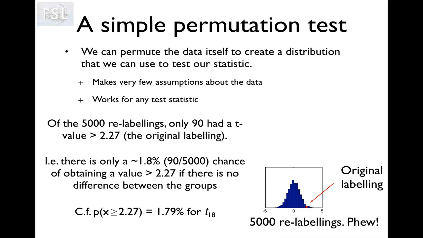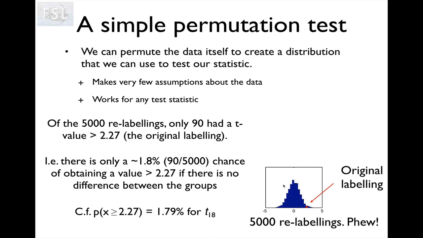Now, if the null hypothesis truly were true, such that there were no difference between these two groups, we would expect the original t-value to just end up somewhere in the middle of this distribution, because there would be nothing special about the original configuration compared to all the other configurations.